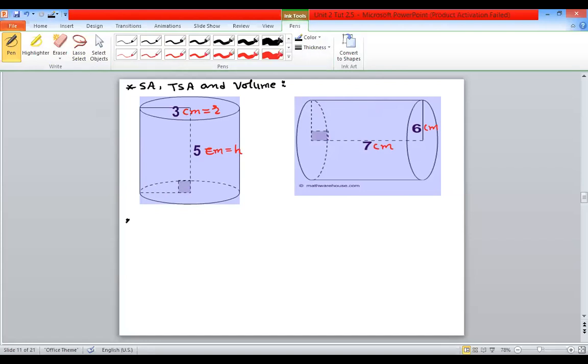Look at the first of all, surface area. That means 2 pi r h. Put the values. By default, you can take the value of pi as 22 by 7. r is 3 and h is 5. Take their product and divide.